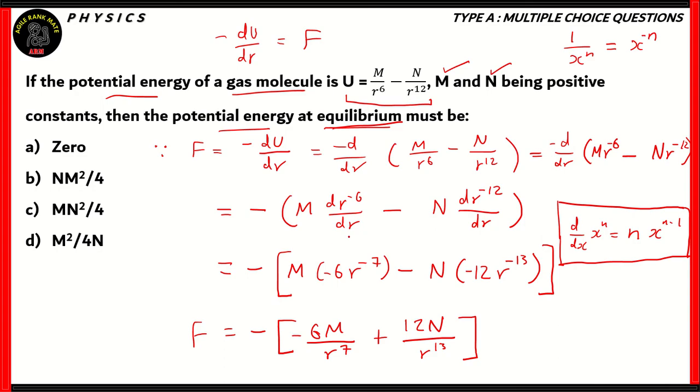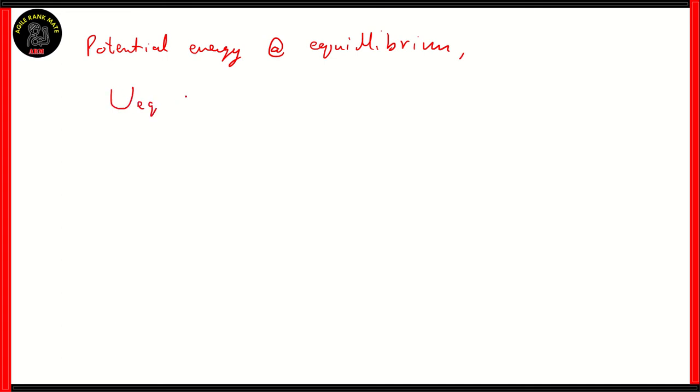So since we know the value of r raised to 6 at equilibrium, we're going to use that to calculate potential energy at equilibrium. So let's write that as U equilibrium equals m by r raised to 6 minus n by r raised to 12. This is the general formula.